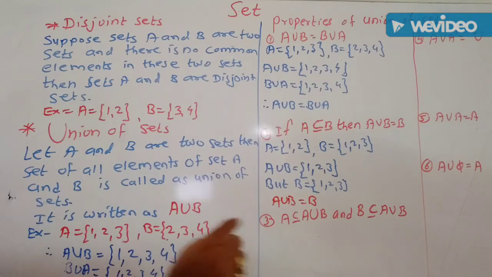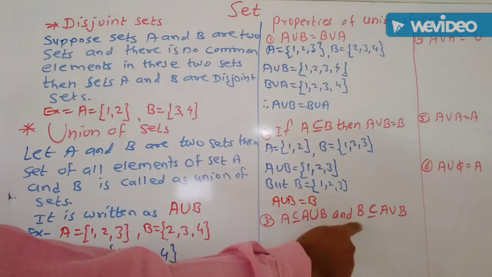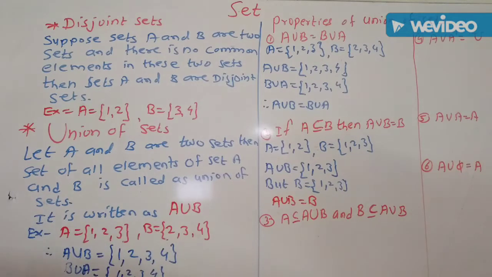Then third property, A is the subset of A union B, and fourth is B is the subset of A union B. Similar to properties of the intersection of sets. Here we take A set, B set, we find there A union B and B union A. Now if we see A set 1, 2, 3 is given, and A union B we find 1, 2, 3, 4.